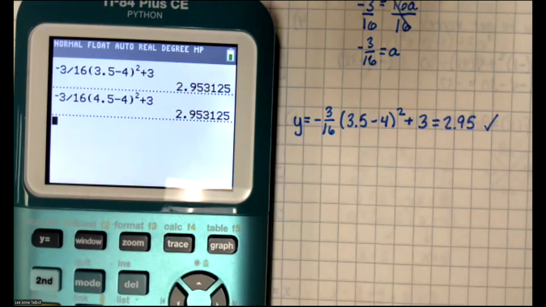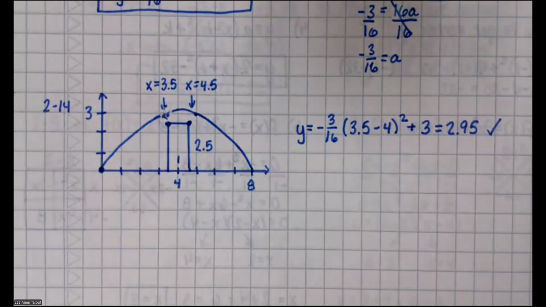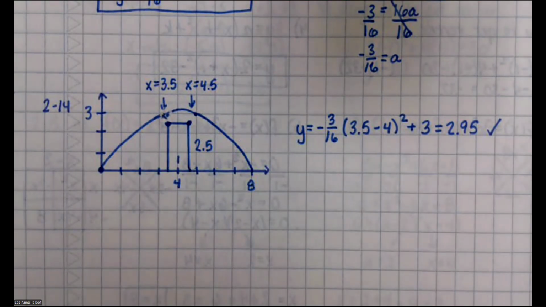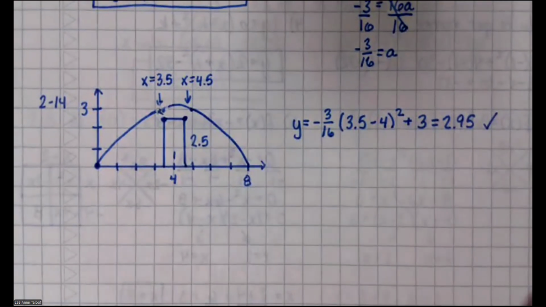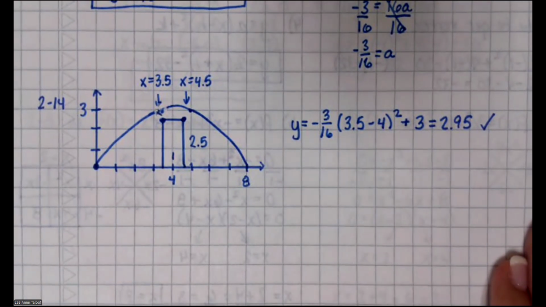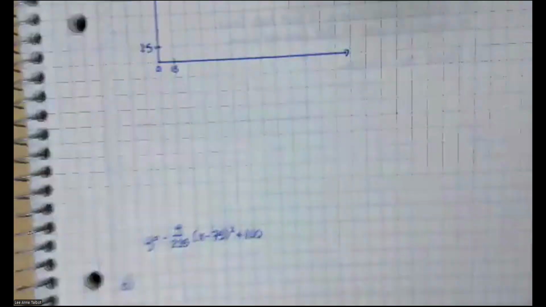Perfect. And the word that we're using there to justify ourselves is symmetry. So parabolas have symmetry, so we know it's going to come back down at the same rate. All right. Anybody still writing? Okay. So I need you guys to draw this.